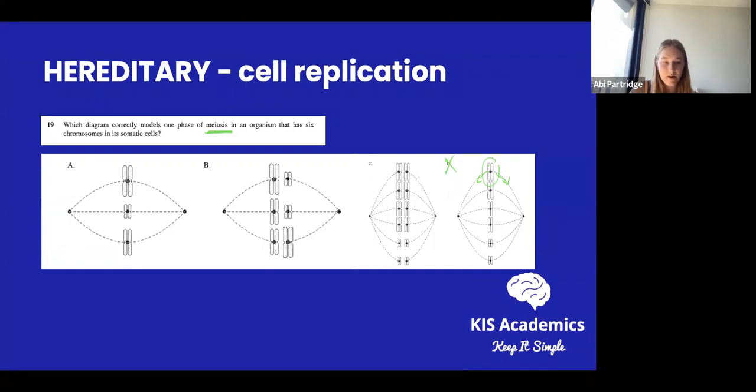You can also see with option C, there's actually 12 chromosomes there. The question asked for 6 chromosomes, so it can't be C either, which means we're looking at A and B. For option B, the chromosomes aren't lining up in their pairs.